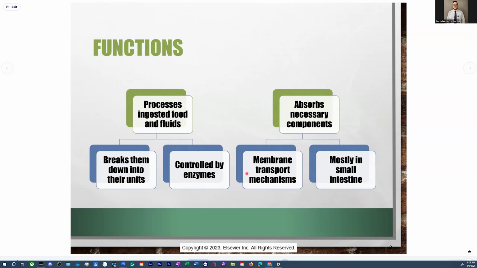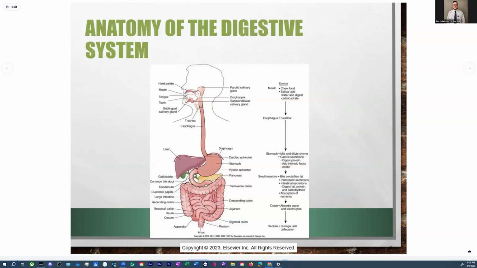This process is usually controlled by mechanical movement of our digestive tract and enzymes designed to break these things down chemically. Absorption is about specific membranes that help transport this stuff, and most absorption takes place in the small intestine. Digestion continues throughout.